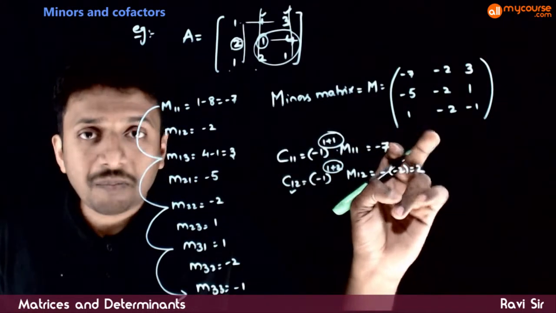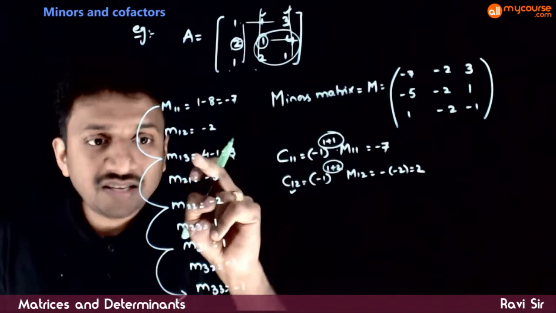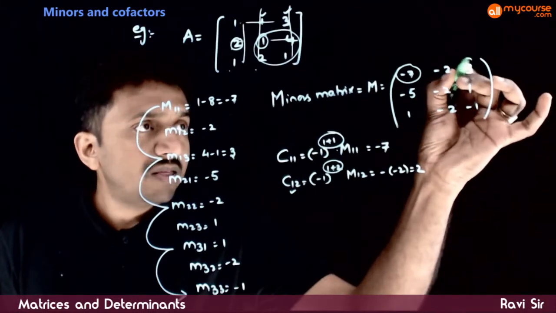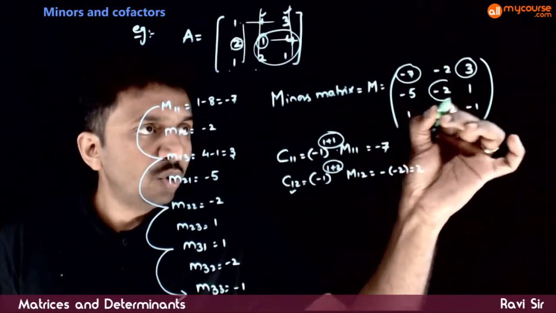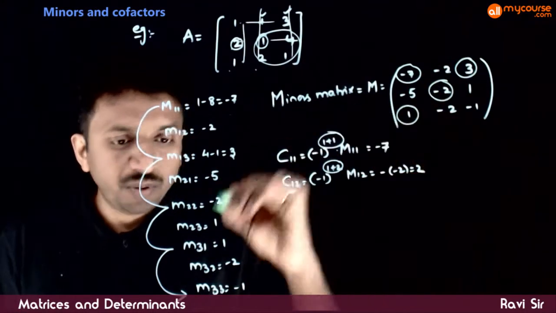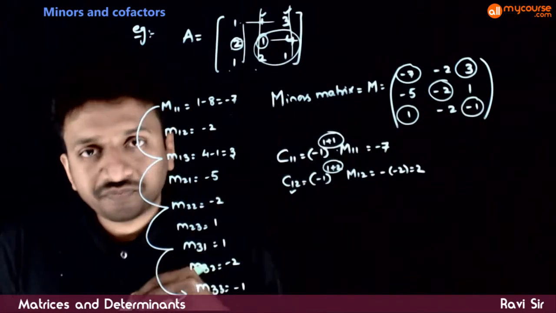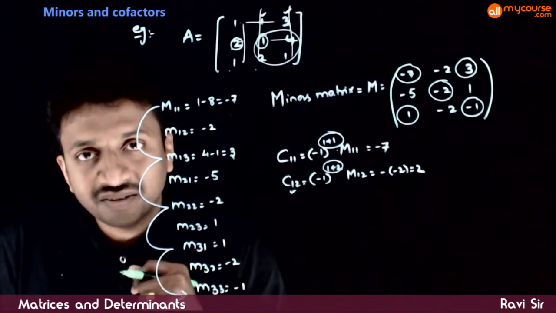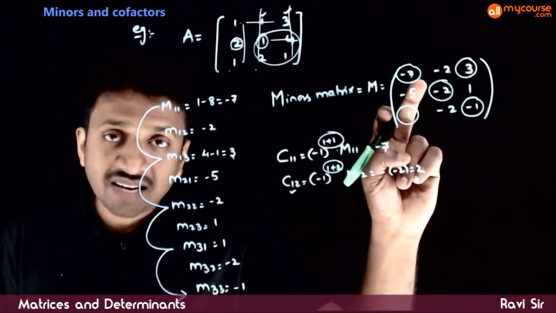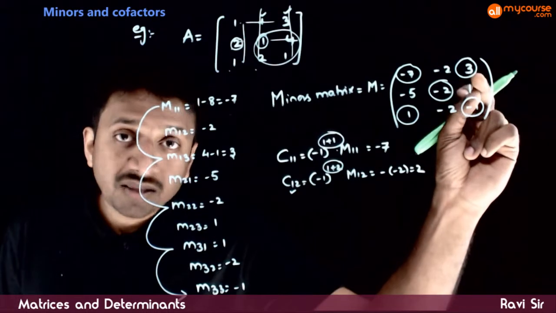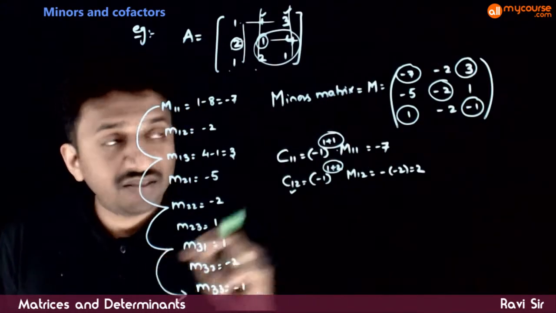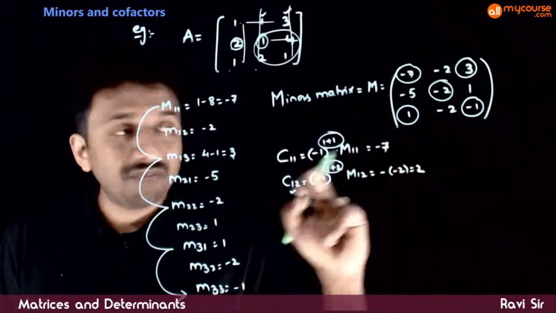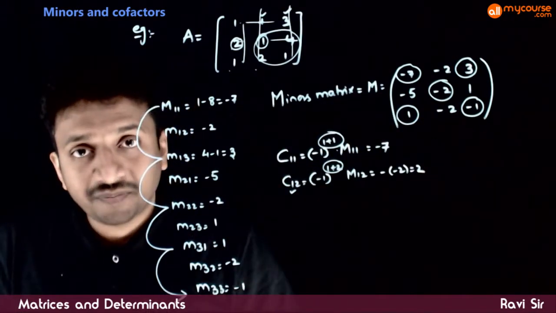So in the matrix, can you locate these 5 positions? 1,1 position, 1,3 position, 2,2 position, 3,1 position, 3,3 position. These 5 positions do not change their signs. So C11 is exactly the same as M11, C13 is M13, C22 is M22, C31 is M31, C33 is M33.